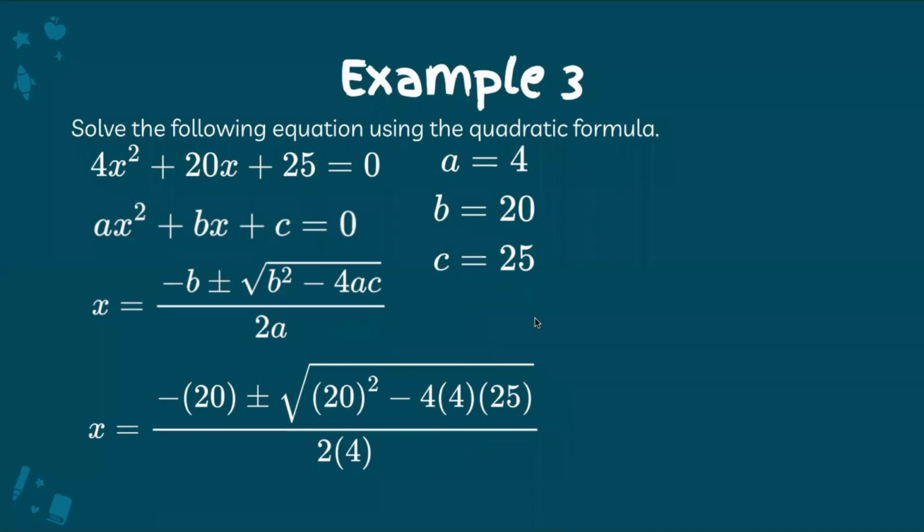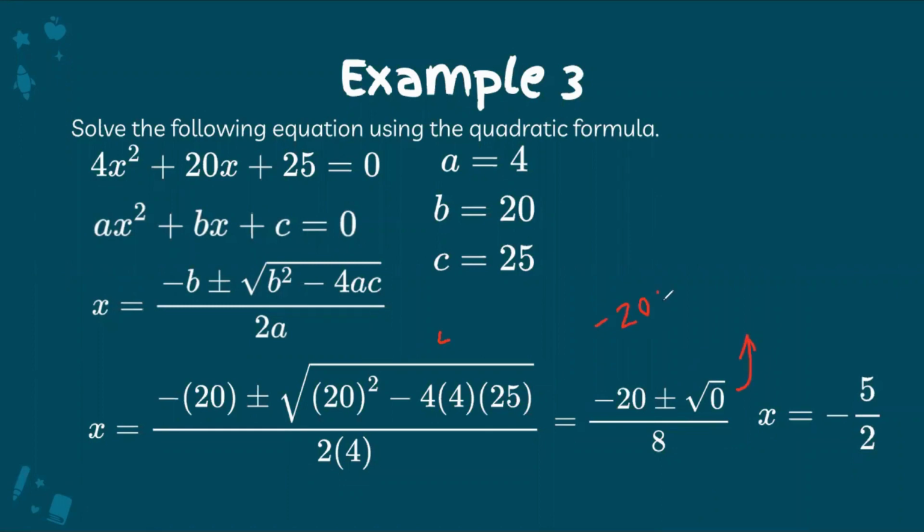Once you've simplified that, 400 minus 400 would just be square root 0.